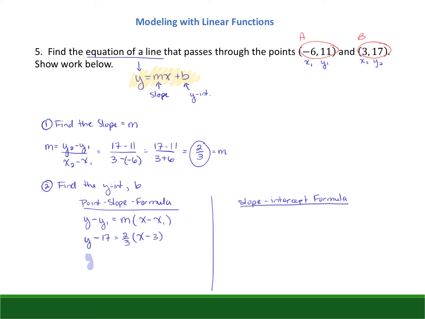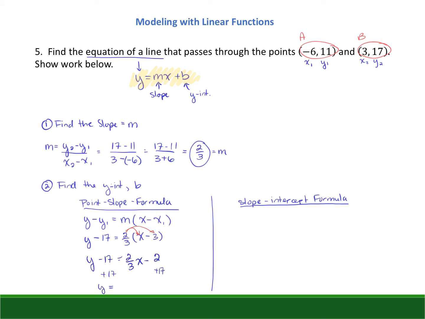Let's distribute out that 2/3 to every single term inside the parentheses. And so 2/3 times -3 just gives us -2. Then I'm going to add 17 to both sides.